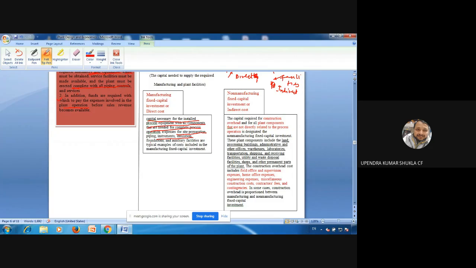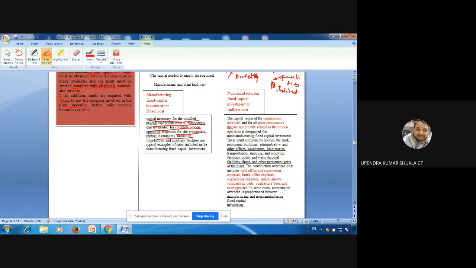I will tell you what percentage of those, and those have been collected from literature, research papers, patents emerging from different industries in India and abroad. So insulation, piping, instrumentation, foundations and auxiliary facilities are typical examples of cost included in the manufacturing fixed capital investment.